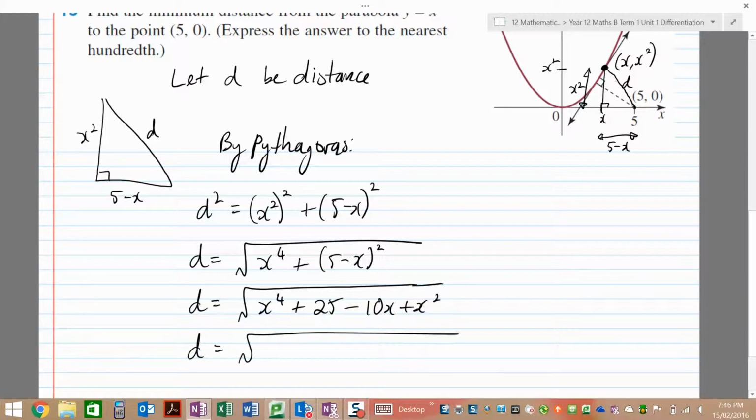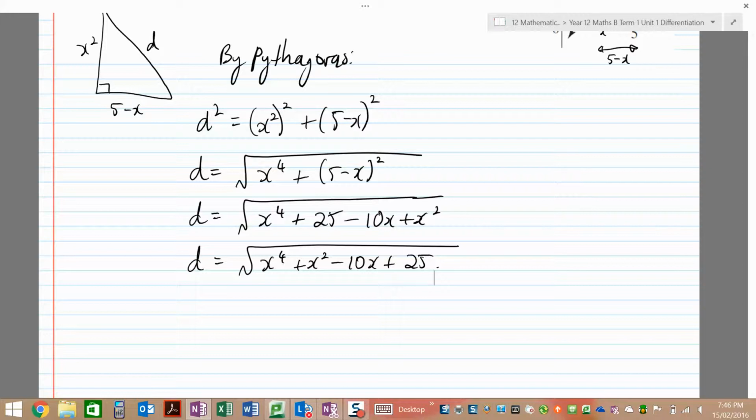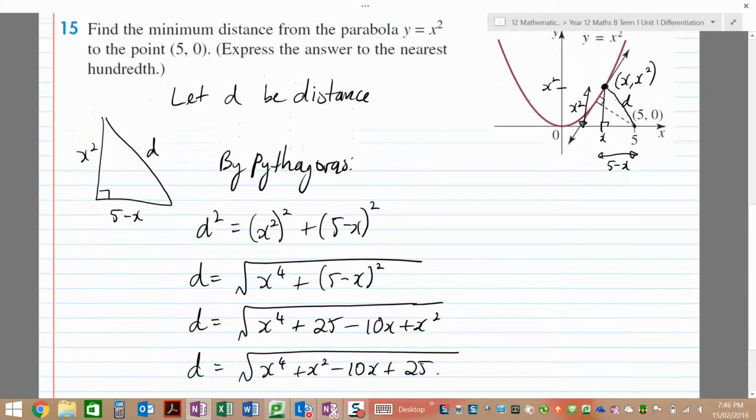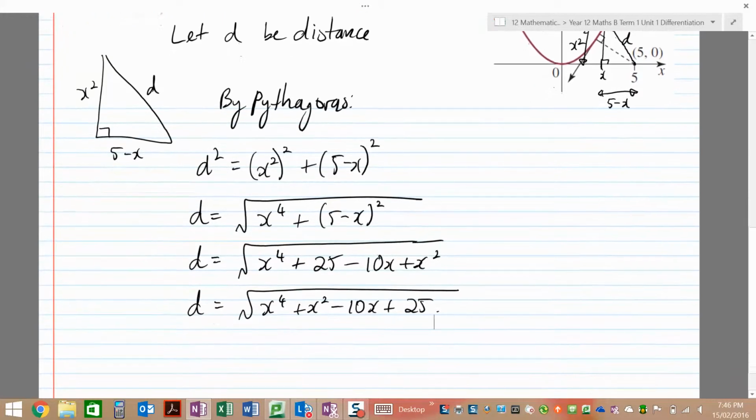And we'll just put these in descending order. Okay, so you'll differentiate, find where d dash of x equals 0, and then use that to find the minimum distance.